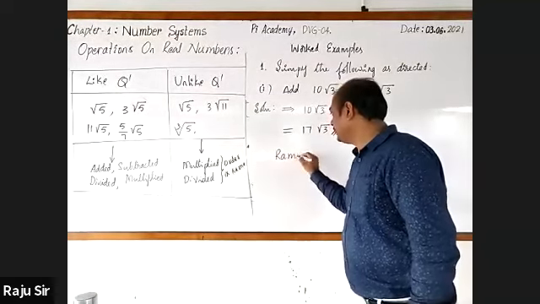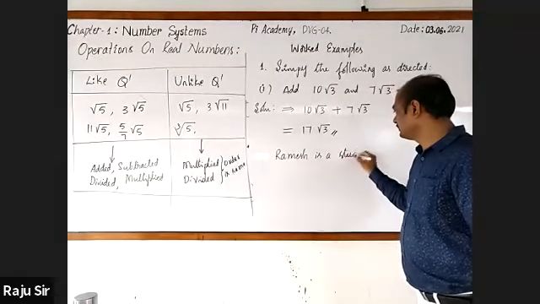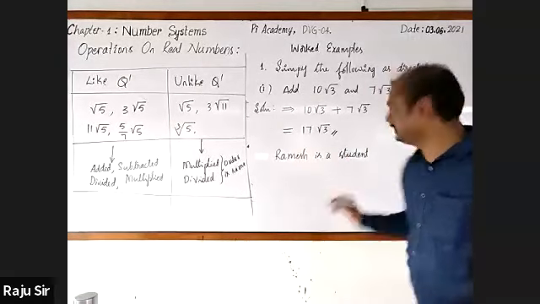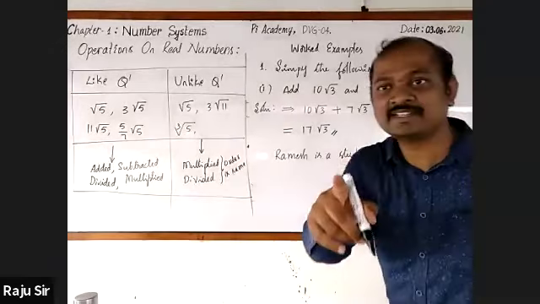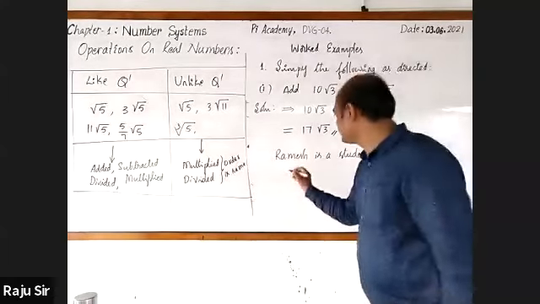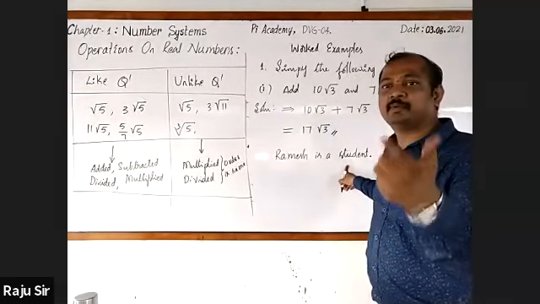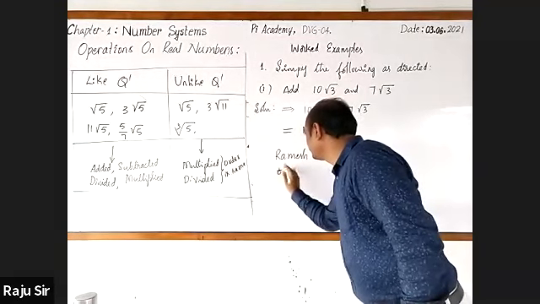I'll write: Ramesh is a student. To show that this sentence is completed, I use the symbol called full stop. Very good. In Kannada, we can write it as Ramesh obba vidyarthi, right? Just observe.